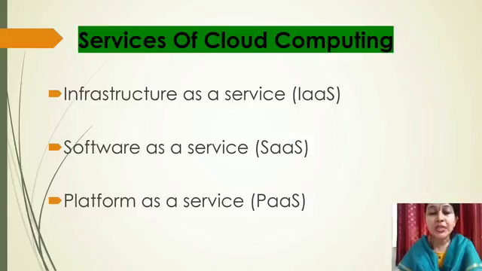Only you have to create an account in Google and use the services, that is mail, send, receive. That means you can use the services without installation. And this gives the least control compared to IaaS. Examples are Google Drive, Gmail, Office 365. Here, maintenance of software and hardware is done by the vendor itself, the service provider itself.